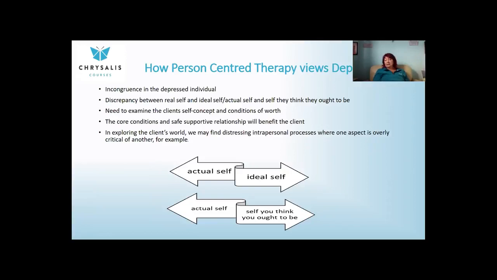And you can see that below, there's going to be conflict within the person. So we need to examine the client's self-concept and conditions of worth. So you should remember all this from the person-centered work, the self-concept and conditions of worth.